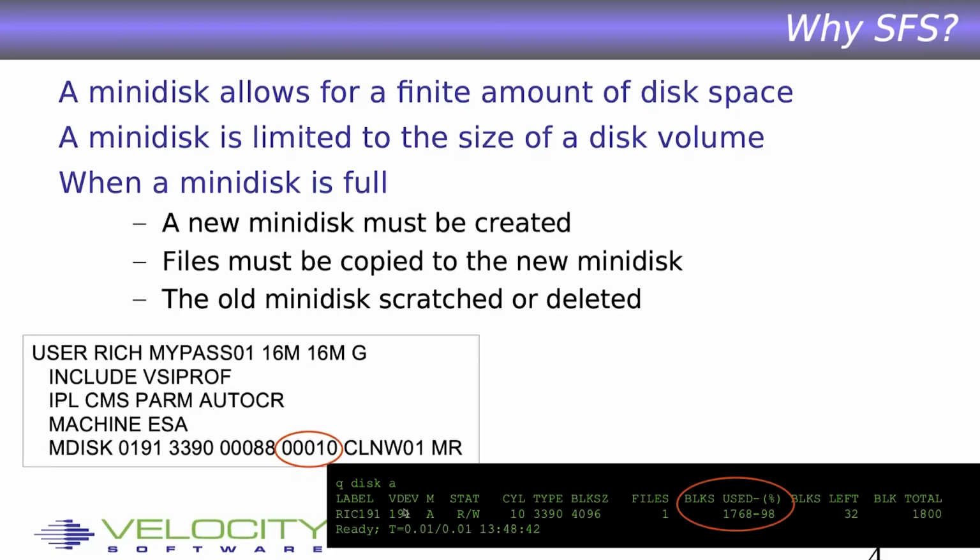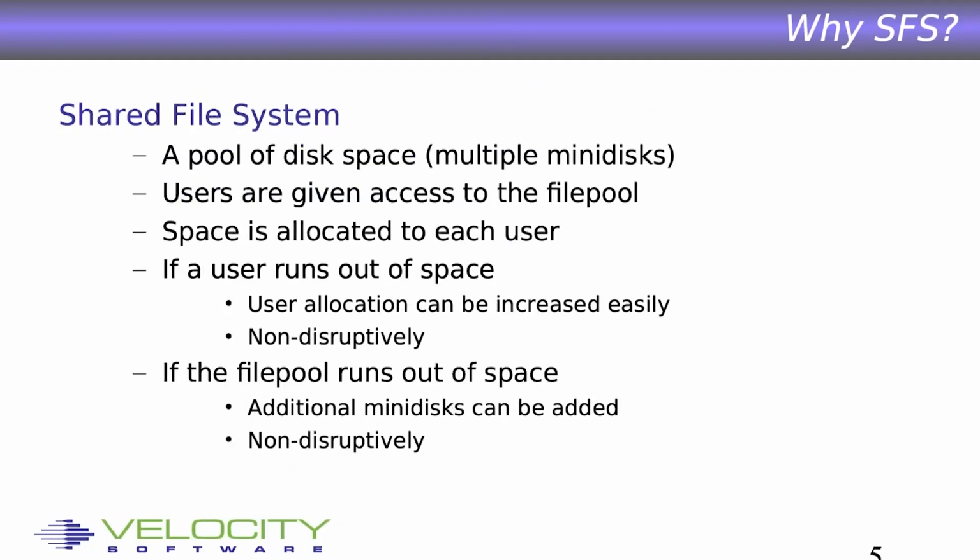So this 191 device is the 191 mini disk for this virtual machine. And in this case, my mini disk is getting pretty full. So the typical system programmer response to this is, well, delete some files. Well, that's not always possible. So you have to negotiate to get more space, traditionally, not so much anymore.